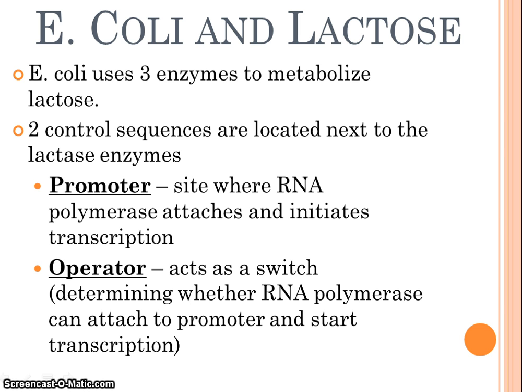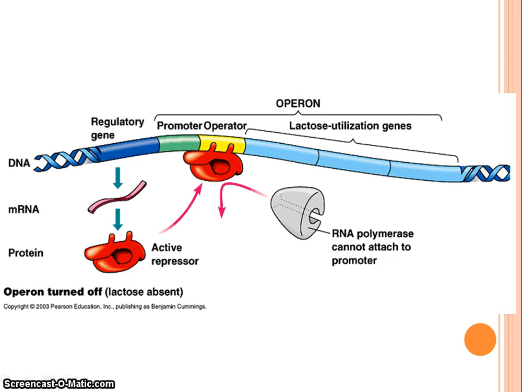If lactose is not present, you don't want this enzyme turned on because you don't want to waste energy producing the enzymes necessary to break it down if it's not present. Okay? And this is just showing you the promoter again, which is where RNA polymerase is going to attach, and the operator, which is the switch that determines whether it can attach the RNA polymerase.